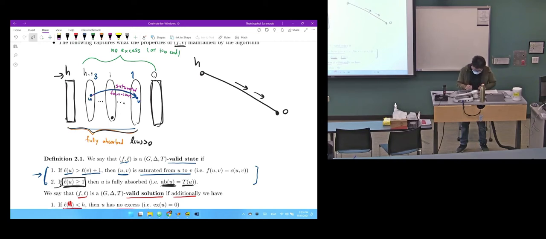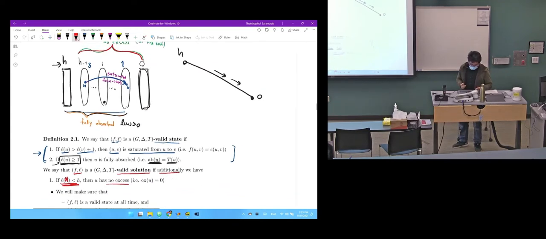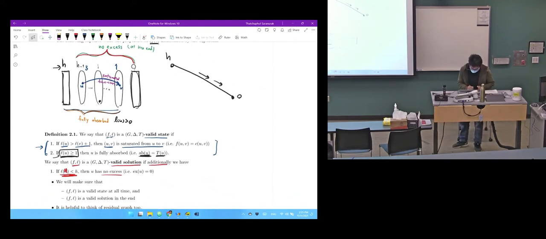So every node here has no excess at the end. Okay. So this is what we want to make sure: F and L remain valid all the time, and it is a valid solution at the end.